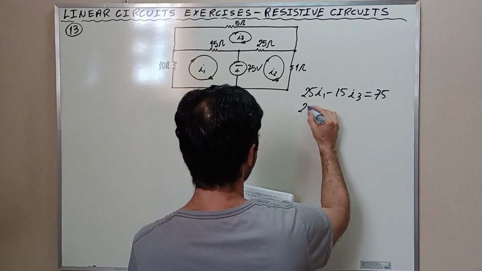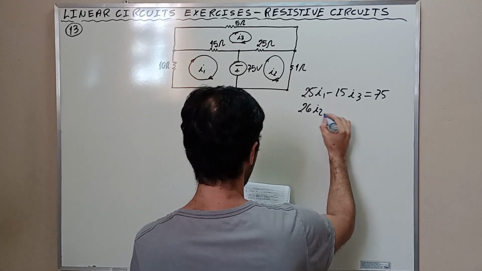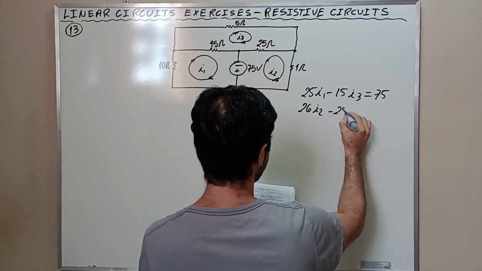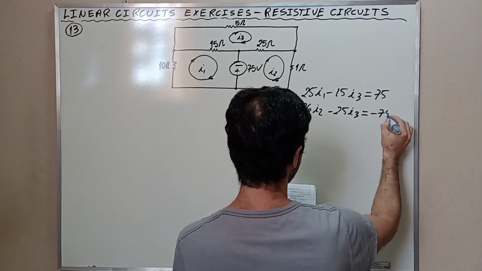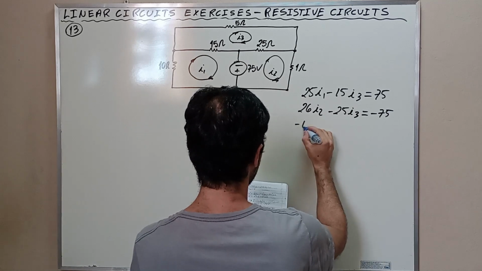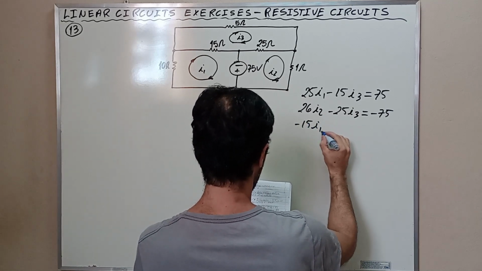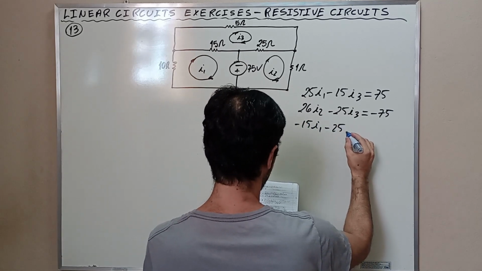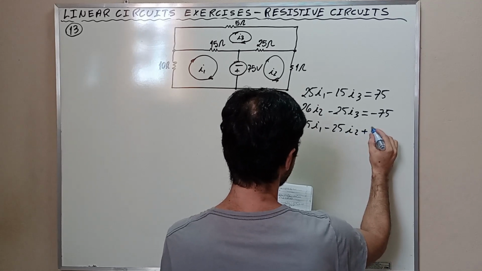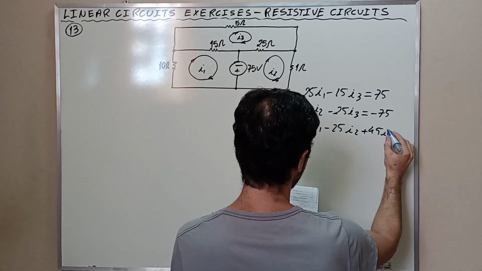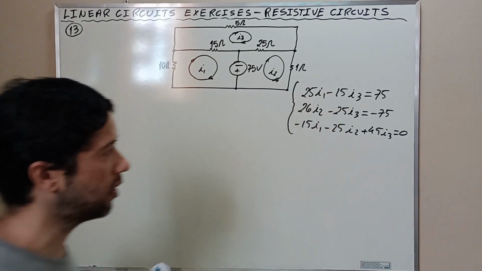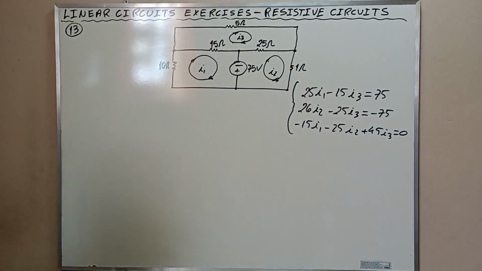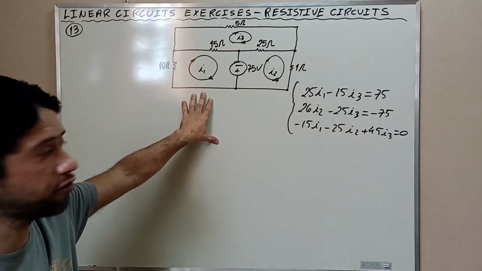Okay, 26 times I2 minus 25 times I3 equal to negative 75, and negative 15 I1 minus 25 I2 plus 45 I3 equal to 0. Okay, these are the mesh equations that describe the behavior of the circuit here.